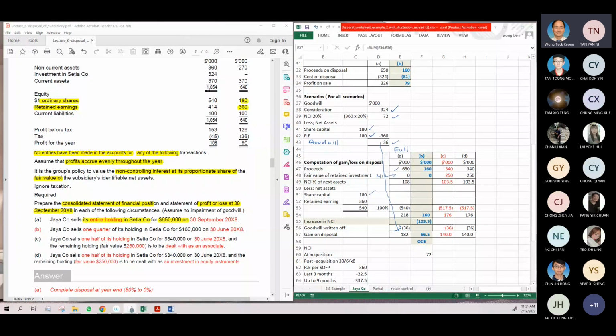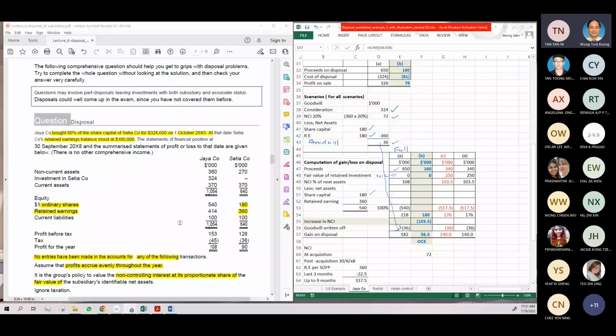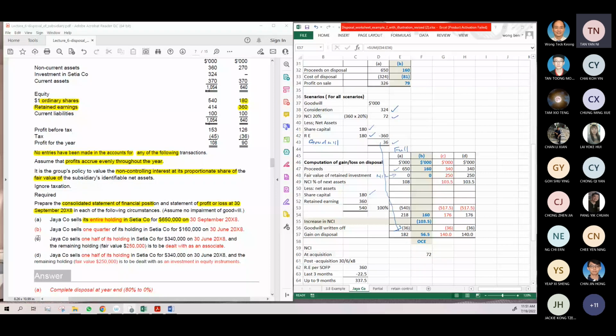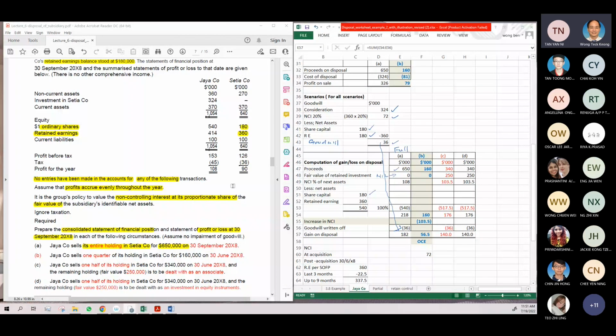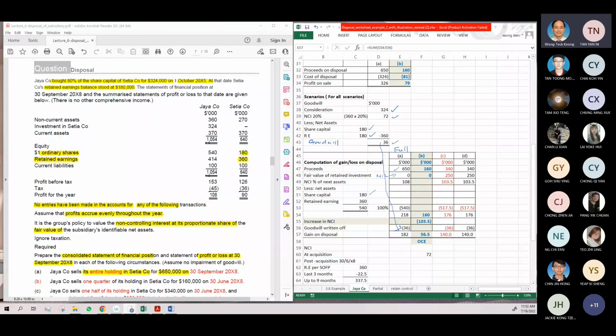You see the first one: sell its entire holding to secure 650. So before I go to B, C and D, which are much more complicated, you have time to digest. There's no point going on and continuing if you don't understand the first step.